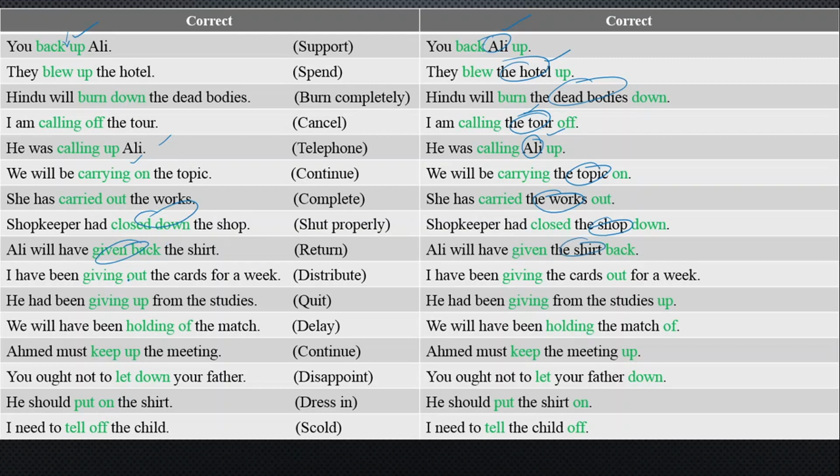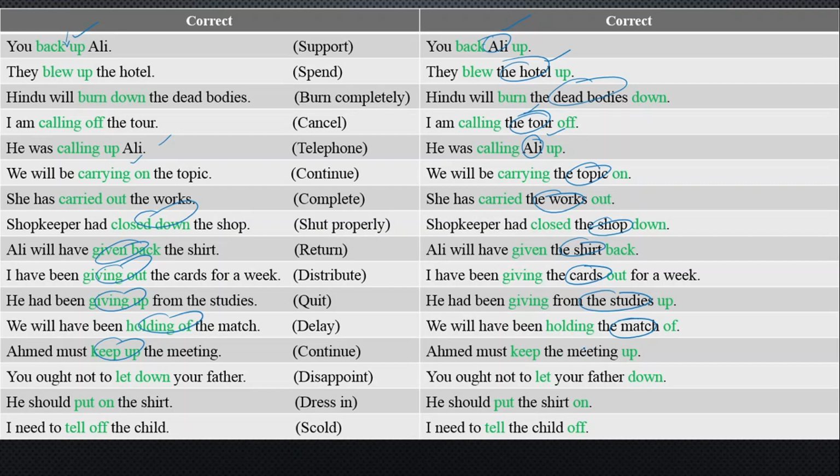And I have been giving out the cards for a week. I have been giving the cards out for a week. Next, he had been giving up the studies. He had been giving the studies up. We will have been holding off the match, meaning delaying the match. We will have been holding the match off. Ahmad must keep up the meeting, and Ahmad must keep the meeting up.